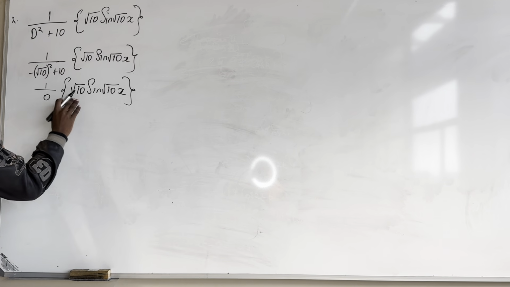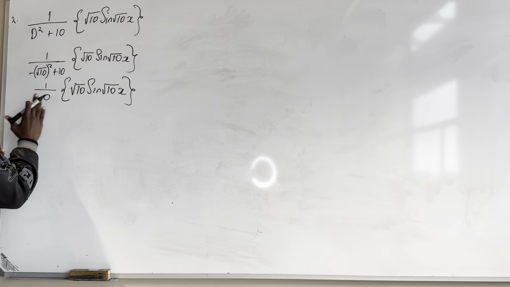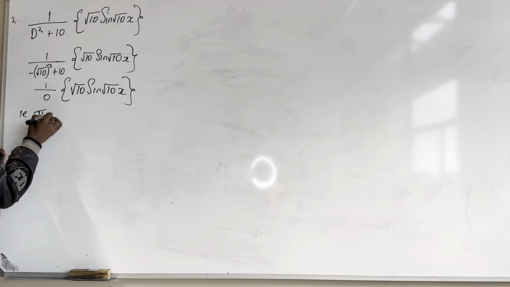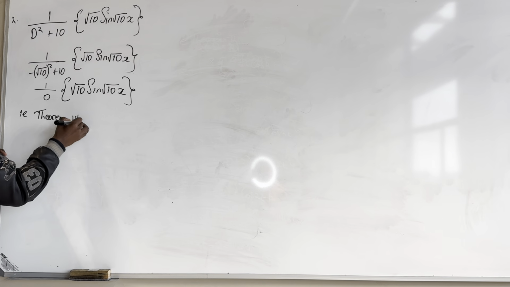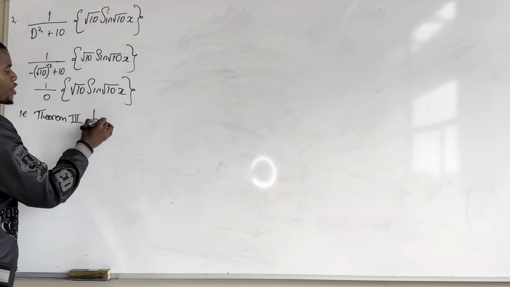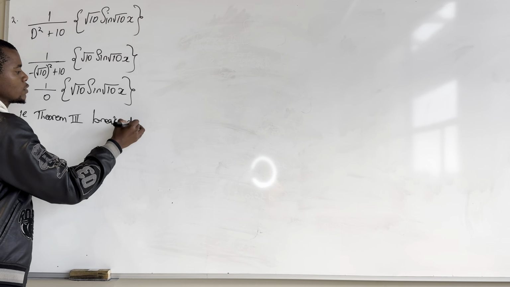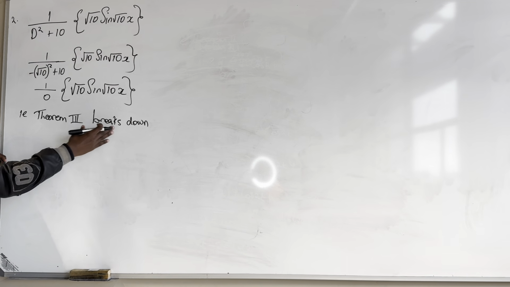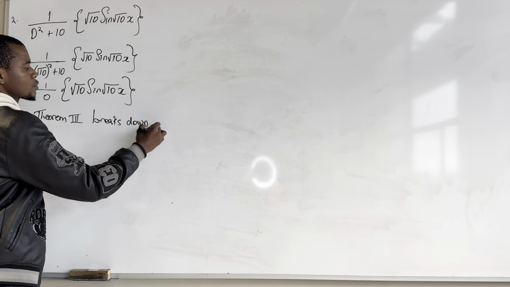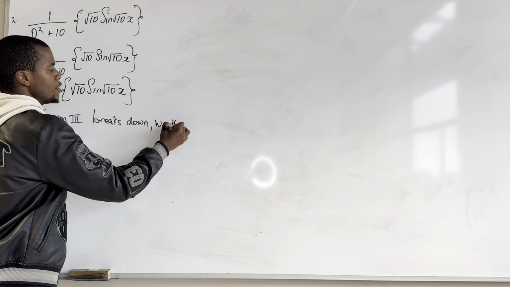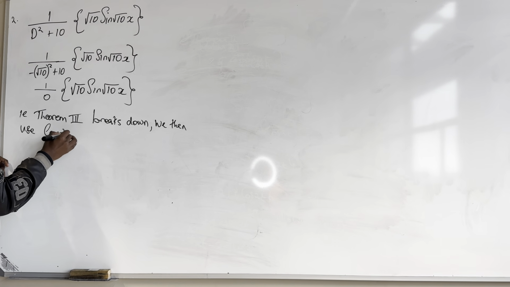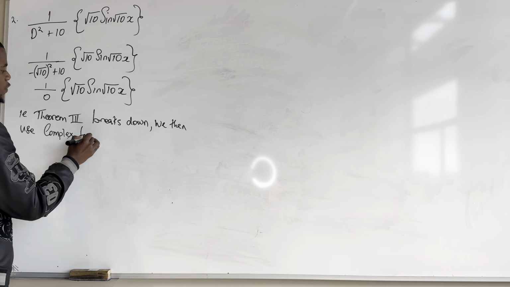So we need to write: theorem 3 fails or breaks down, we then use a complex form and we apply theorem 2.